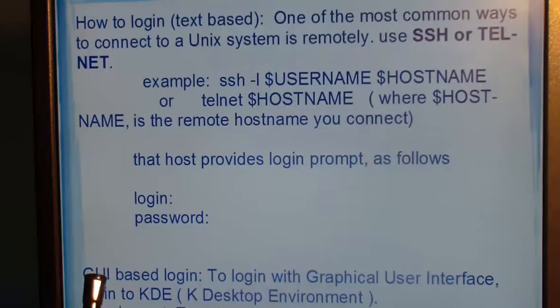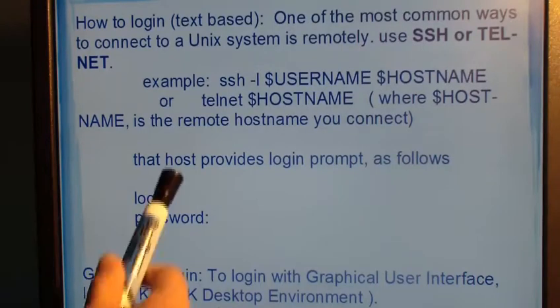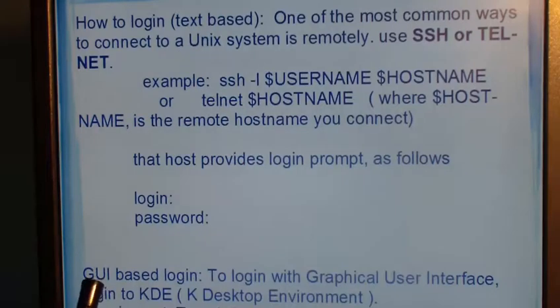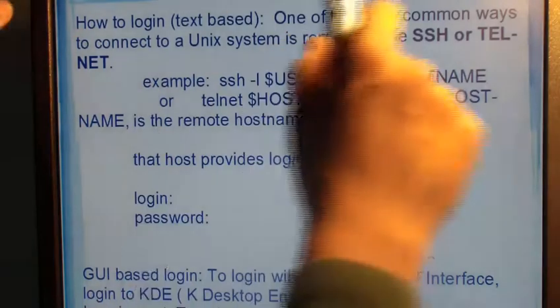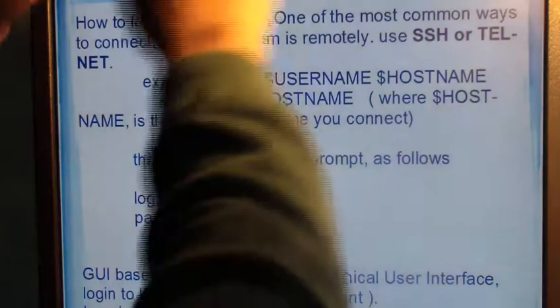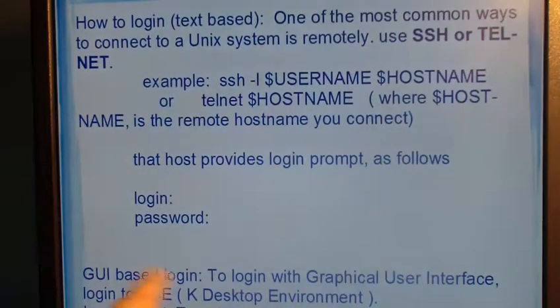Another way is a GUI, also called a graphical user interface, like Windows XP or Windows 7. Graphical means you can see the whole desktop and everything. In that case also you get a login prompt.